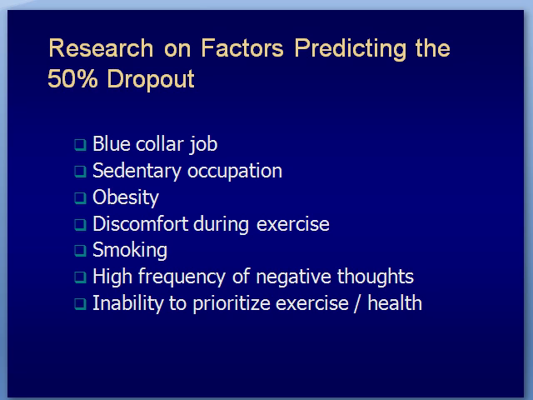Having a sedentary occupation, such as a secretary, a teacher, also difficult. Being obese, which links with the next one, having discomfort during exercise, smoking, a high frequency of excuses. So if you're kind of a neurotic person, always has a lot of excuses or negative thoughts, that will disrupt and give you opportunities to really ruin your own plans. And then a person's inability to prioritize their exercise or their health.